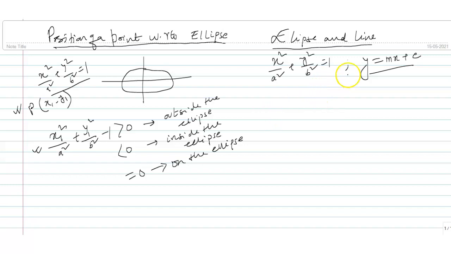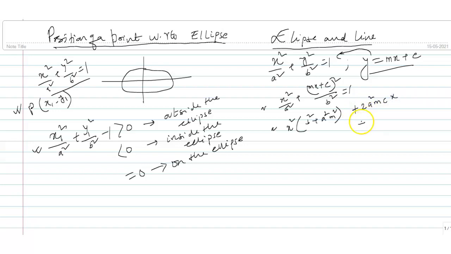So we need to put the value of y here, and then we are going to get a big equation. If we further simplify it, you are going to get this.